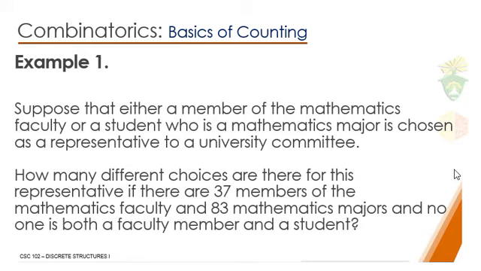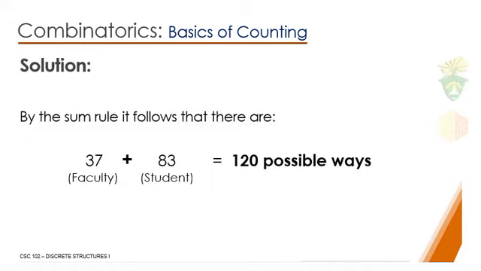So, by the sum rule, there are 37 ways to choose a member of the mathematics faculty, since there are 37 faculty members who can be chosen. And for the students, we have 83 ways to choose the student.